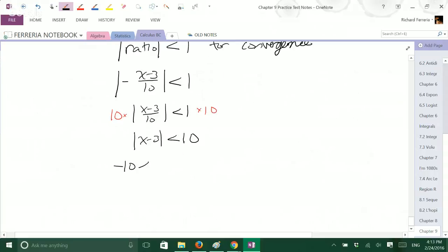Negative 10 should be less than x minus 3, which in turn is less than 10. Shift everything by 3. You get negative 7 is less than x is less than 13.